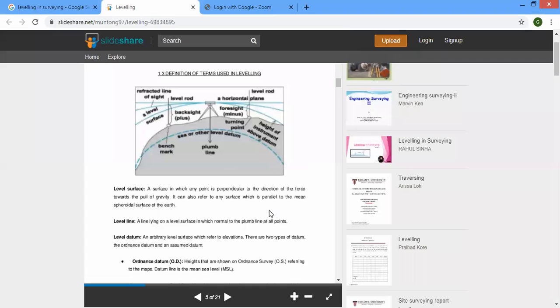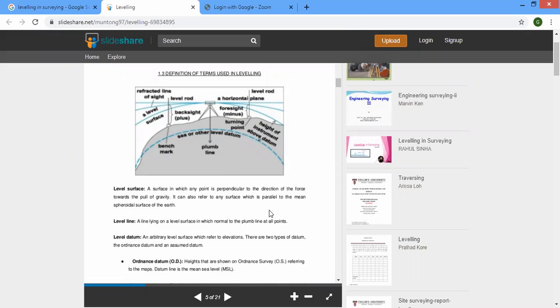Next, definition of terms used in leveling. So first one is the level surface. These are the terms which we use in leveling. Level surface: a surface in which any point is perpendicular to the direction of the force towards the pull of gravity. It can also refer to any surface which is parallel to the mean spheroidal surface of the earth.